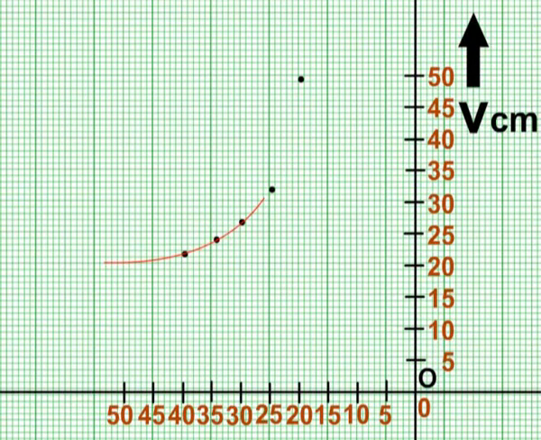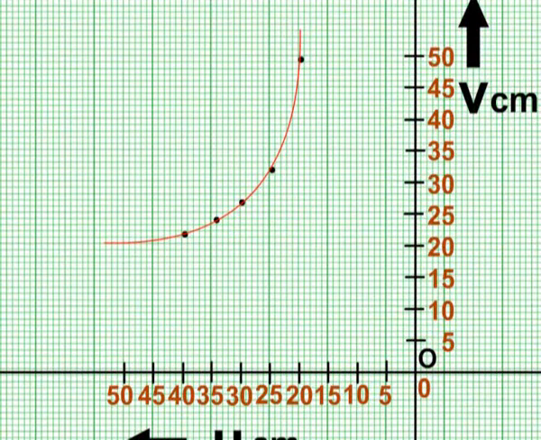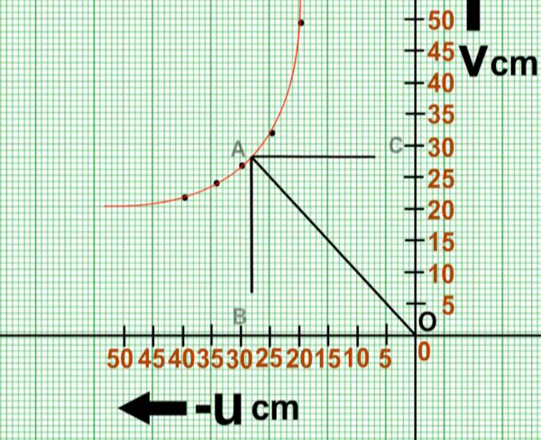The graph should be parabolic. To calculate the focal length, we draw a line OA making an angle of 45 degrees with both axes and meeting the curve at point A. Then draw AB and AC perpendicular on the x and y axes respectively.